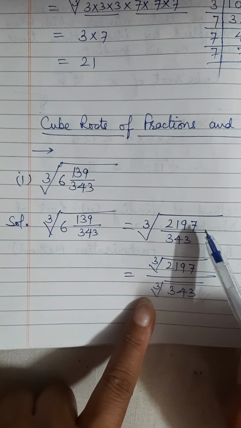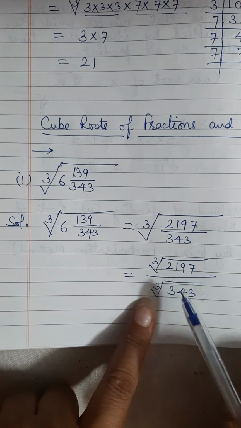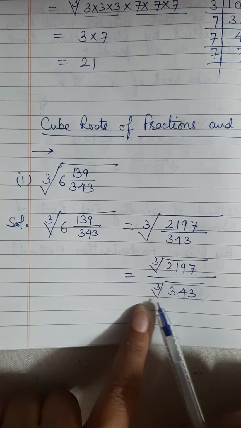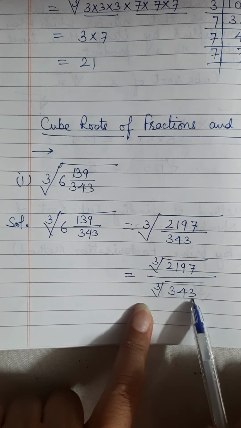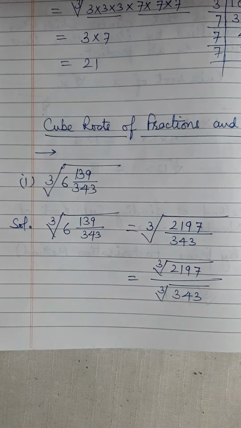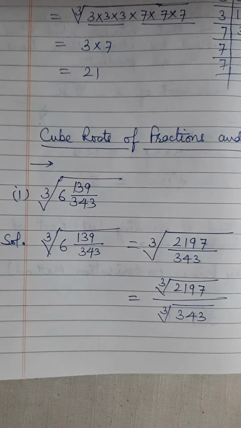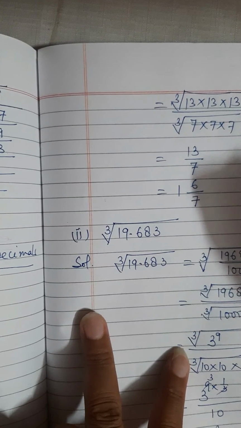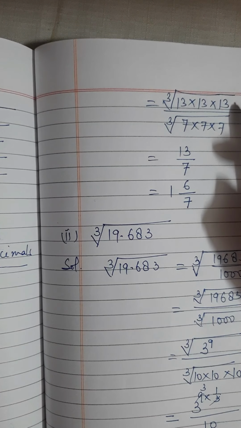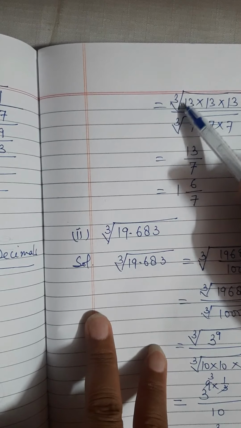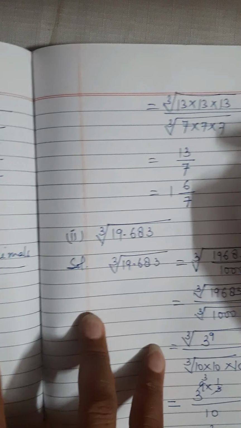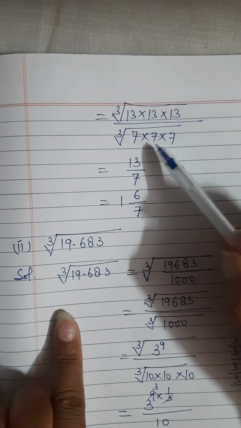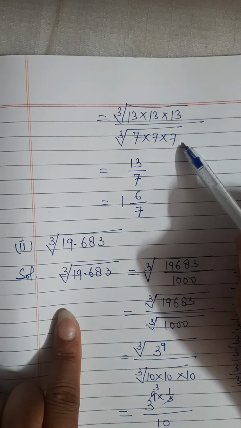Now we can write this fraction separately as the cube root of 2197 upon cube root of 343. Now find the factors of these two numbers. 2197, we know that this is the cube of 13, so we can write directly the cube root of 13 into 13 into 13, 3 factors, and 343 is the cube of 7, so we can write directly 7 into 7 into 7.